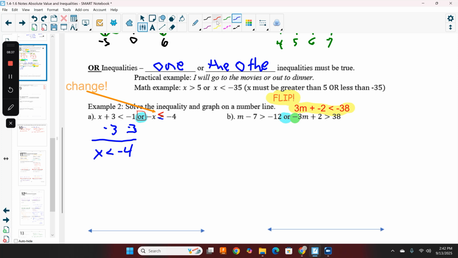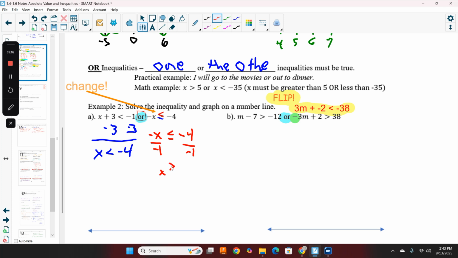The second equation, I have a negative x. It looks like there might be a typo on the notes page that's copied. Negative x is less than or equal to -4. When I divide or multiply by -1 to get rid of the negative, that will be a positive x. And now we're going to flip the symbol.